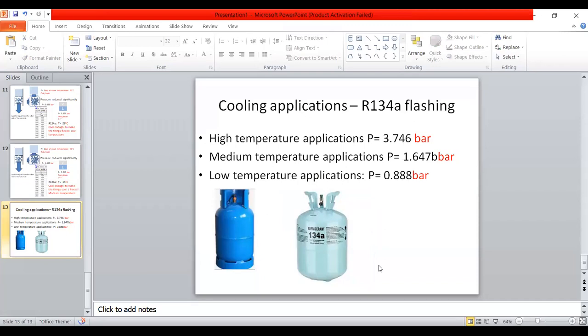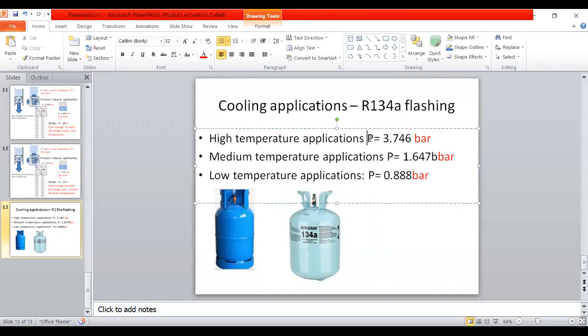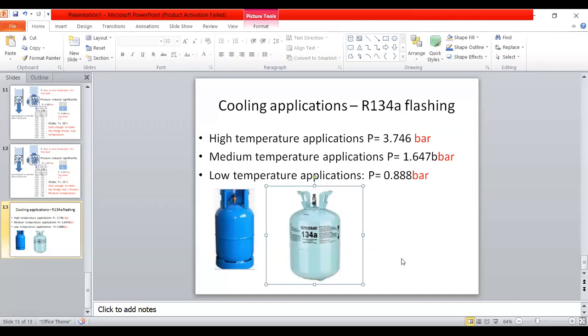That's why we have to keep this pressurized when the temperature is at our normal temperature conditions, like let's say 25 degrees Celsius. So we have to keep this under high pressure. So this is considered a lower pressure for R134A.